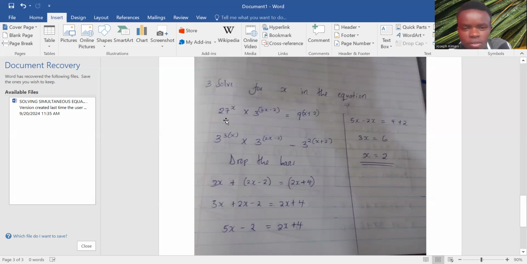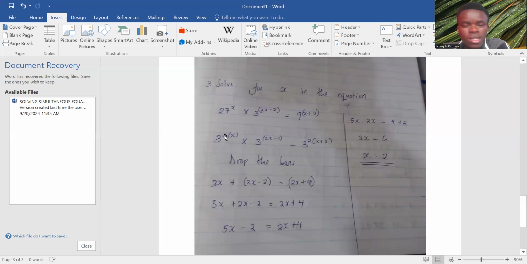So if you look here, you realize that there's a number that cuts all across. You can get 3 here, you can get 3 here, and you can get 3 here. So that's what they want you to do, such that you find the powers for the respective numbers in form of 3. So when I take 27 and express it in prime factor form, it will give you 3 raised to power 3.